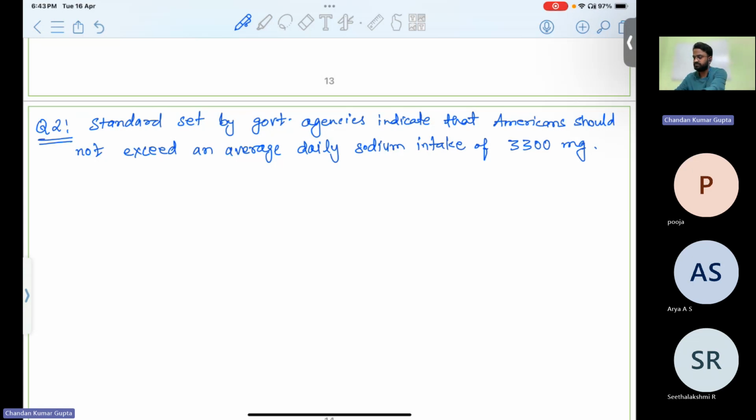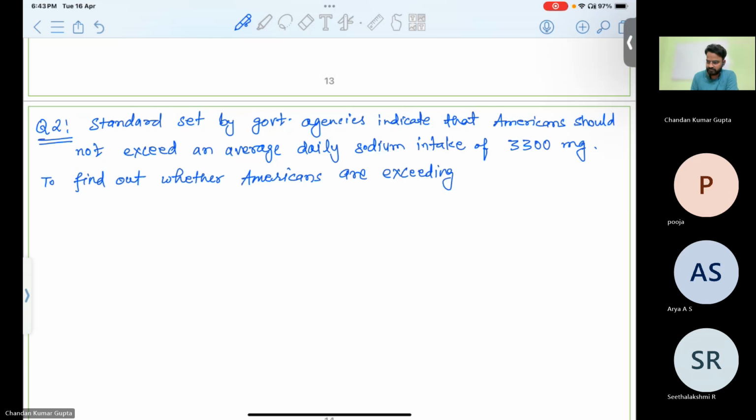The question is to find out whether Americans are exceeding this limit.